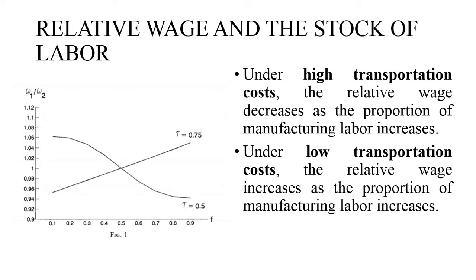And if we assume that transportation costs are high, so the value of tau is equal to 0.5, for instance, then the direction of this relationship will be the opposite. Workers in the bigger regions will get smaller wages in comparison to workers in the smaller regions.